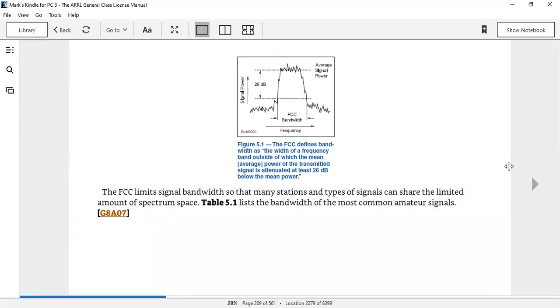So that's really just where all those spurs kick in. With that bandwidth, they kind of say these noise signals are too low to be counted. That's what the 26 dB is, it has to do with the noise. You see all those spurious emissions on both sides of what they're calling the bandwidth.